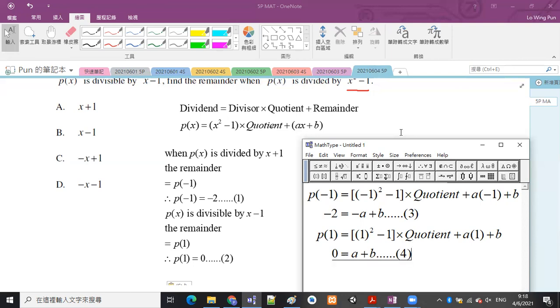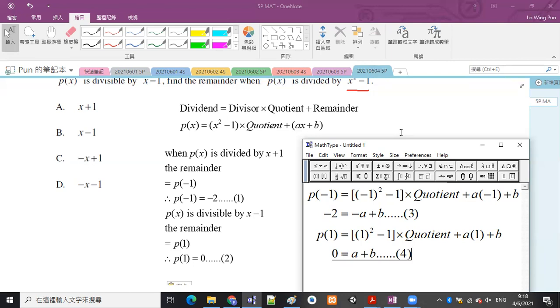Do the simultaneous equations yourselves. Yes, correct.